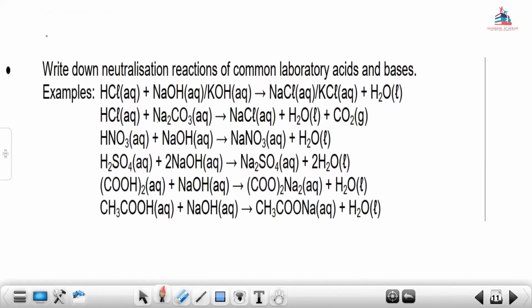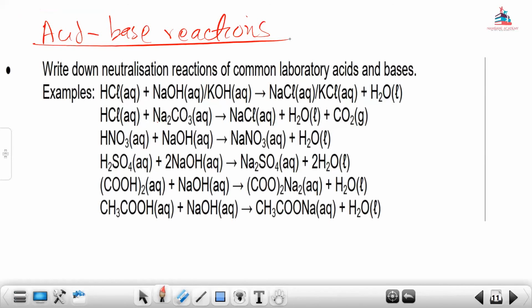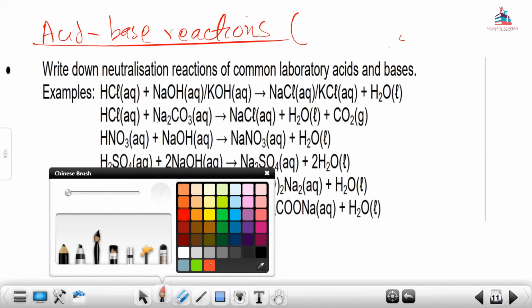So these are acid base reactions. These ones you need to know by heart, unfortunately. So this, we say NB to them.